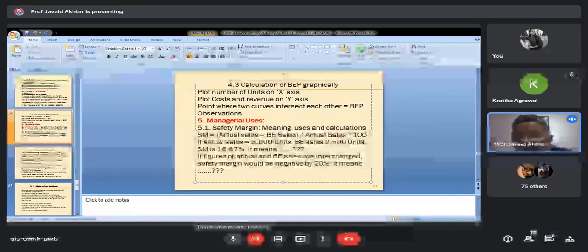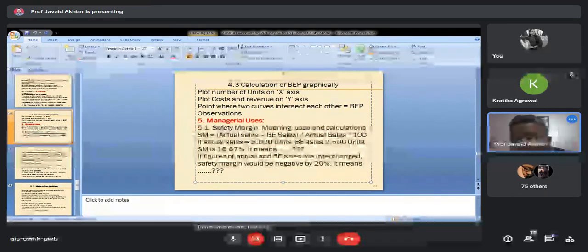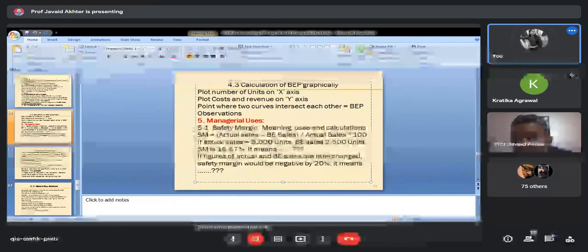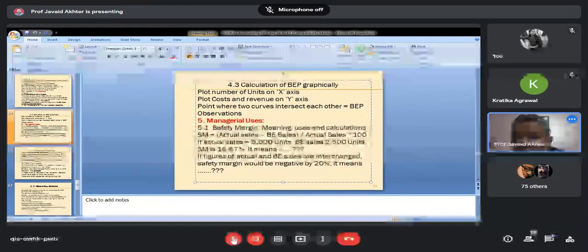If the sales level goes down beyond 20%, it will start suffering losses. So the efforts should be to protect its current operations at least up to 20%.